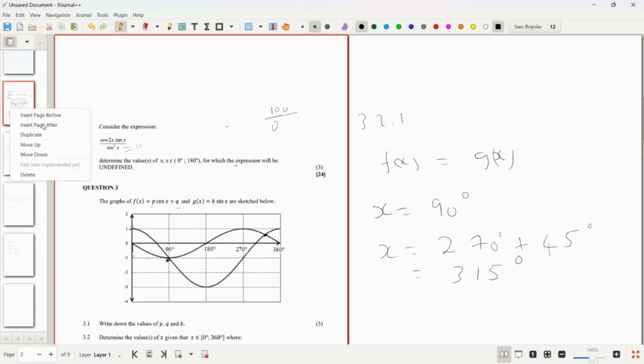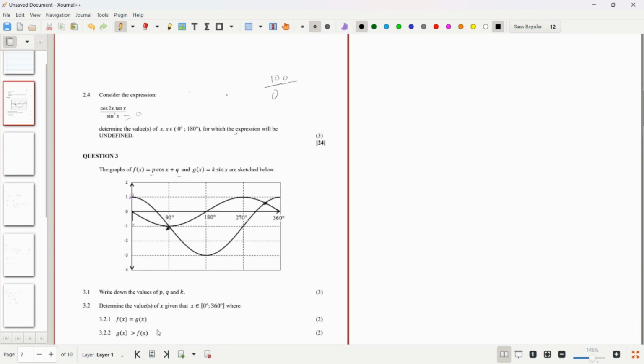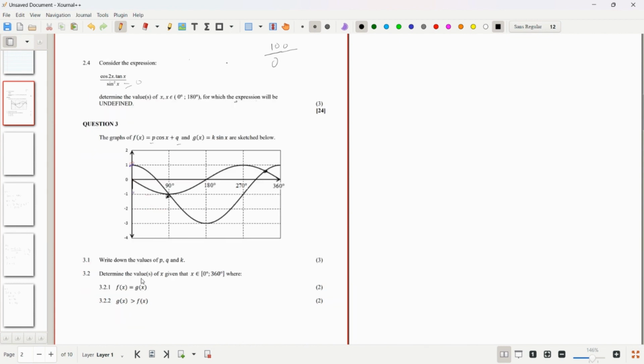Okay, the next one, they want you to also determine where g of x is greater than f of x. We need to label our graphs now. Let's label our graphs. Okay, g of x will be the blue one, which is the sine. So this will be g of x.